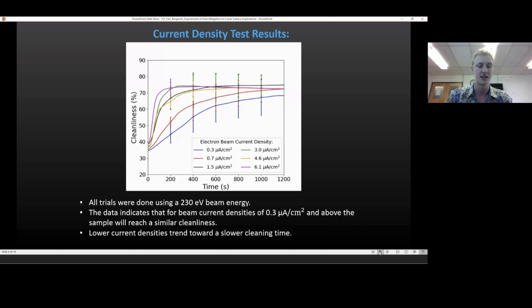The only difference is that it takes a little longer to get there. The higher the electron current density, the quicker it cleans off. But for about 3 microamps per centimeter squared, it's all about the same, so that's what we stick with for most of our testing nowadays, because it saves a little power. Can we go to the next slide, please?